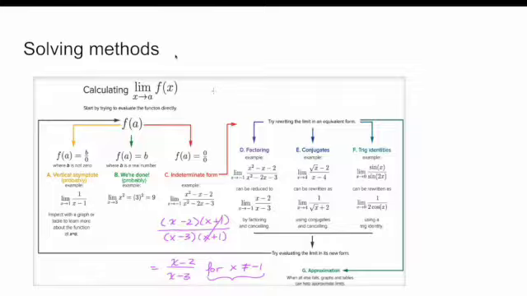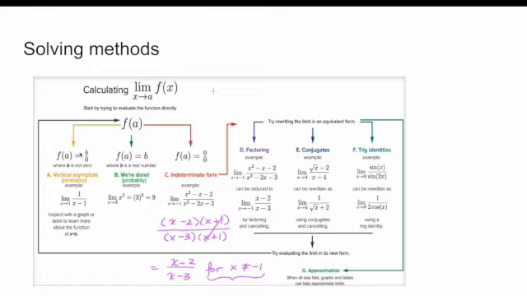There are many ways to solve limits, and as you can see, it can get quite complicated. So let's take a look at every single one of these methods, because the only thing you need to know here is computation. There are different forms.